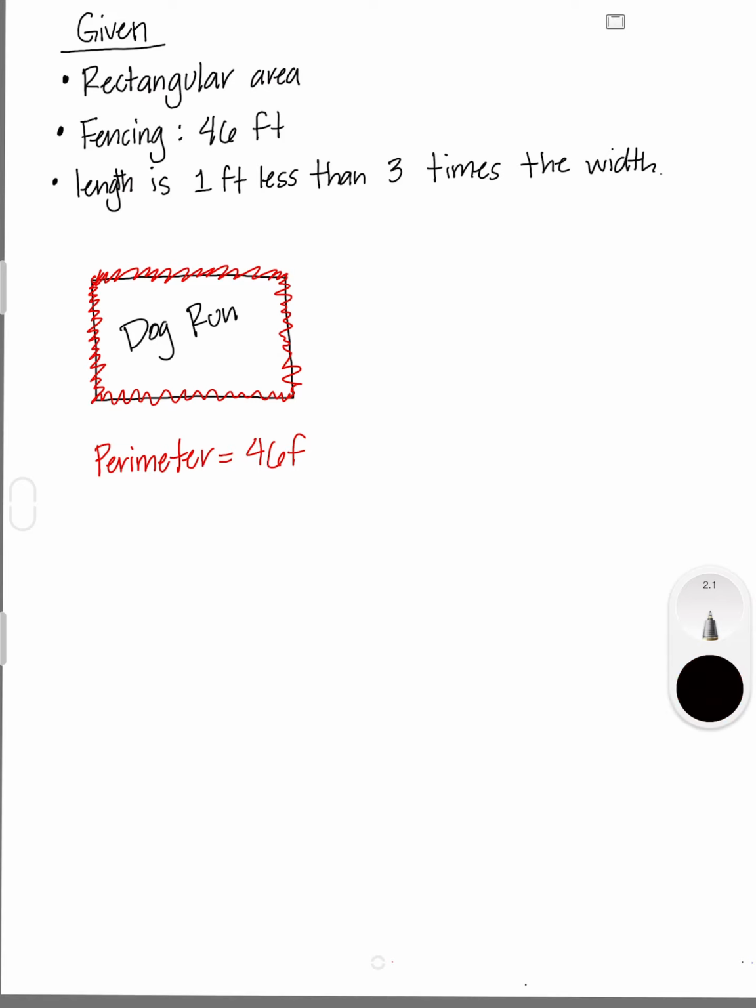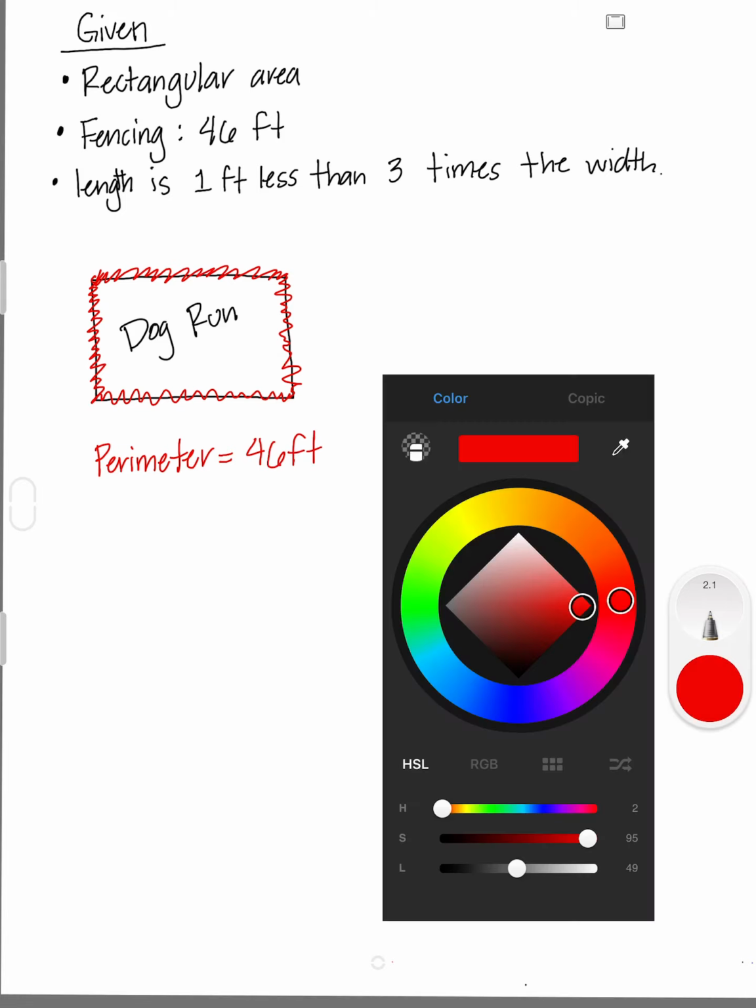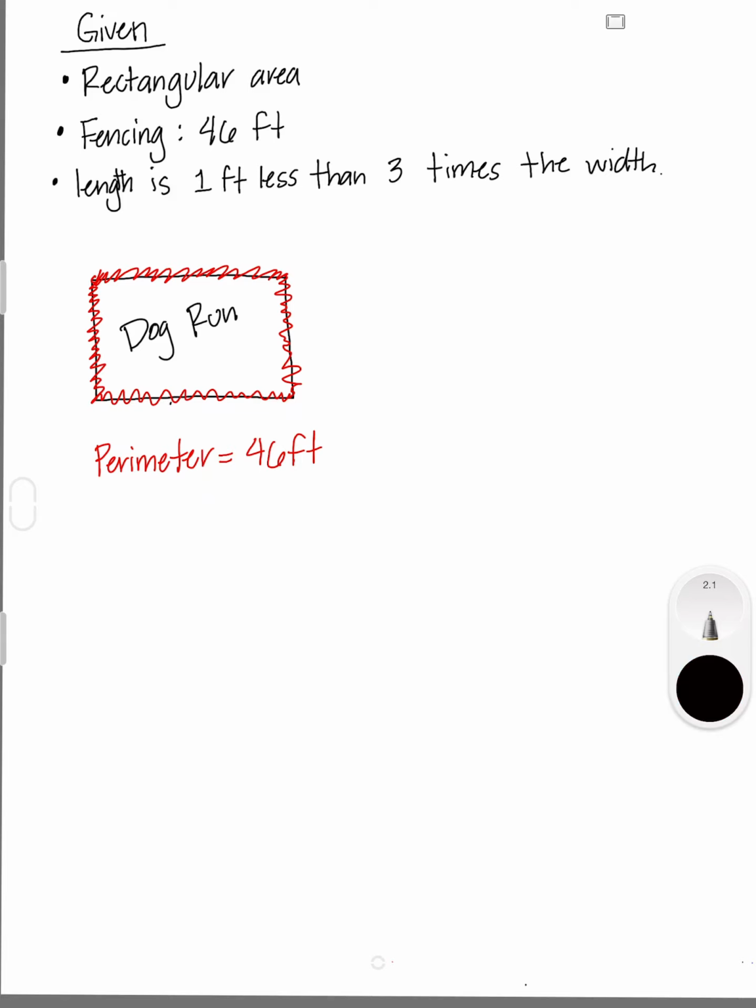Now, because this is a rectangular image, we know that we're going to have a length and a width. And it says that the length is 1 foot less than 3 times the width. So that means that L is going to equal 3 times the width minus 1, because we have 1 foot less than 3 times the width. Now I'm going to write down the formula for the perimeter.